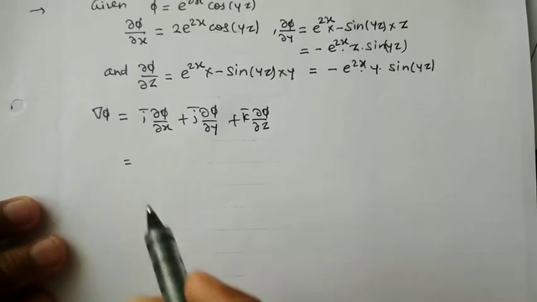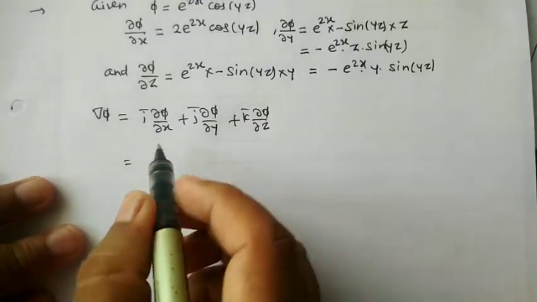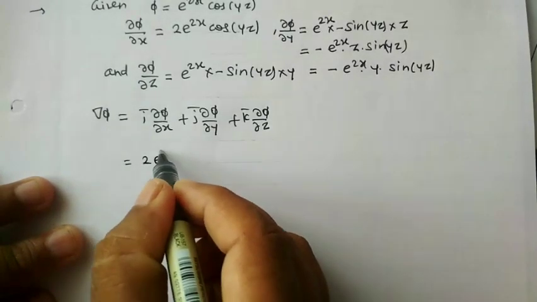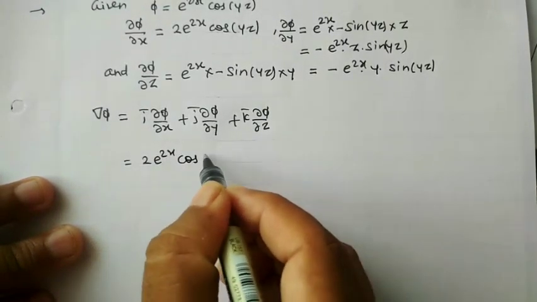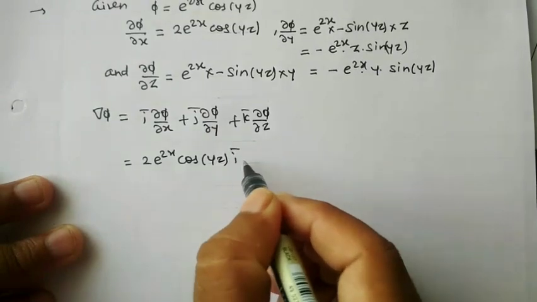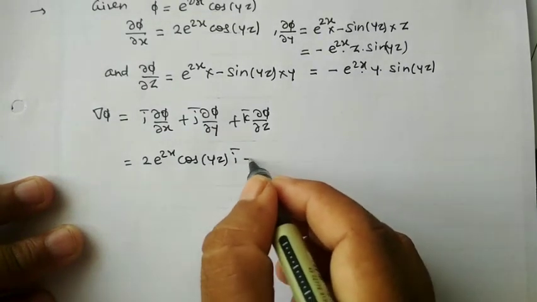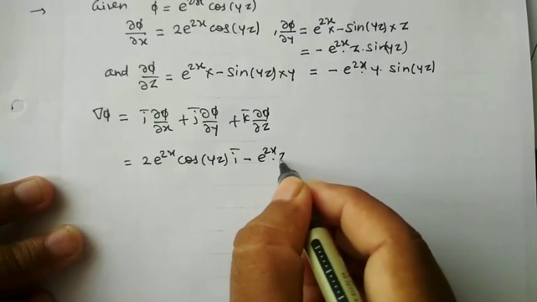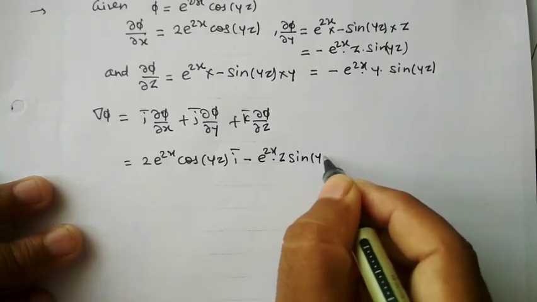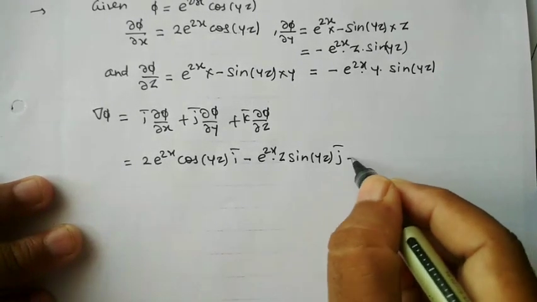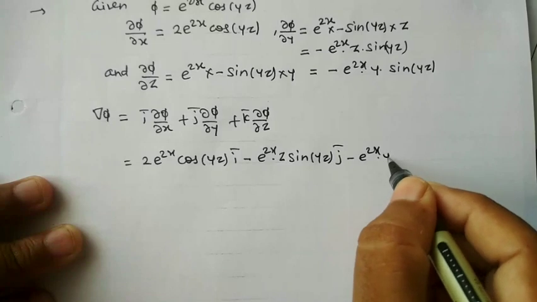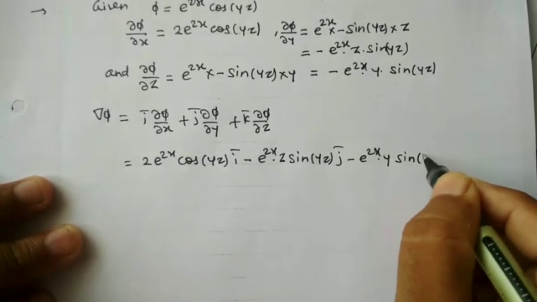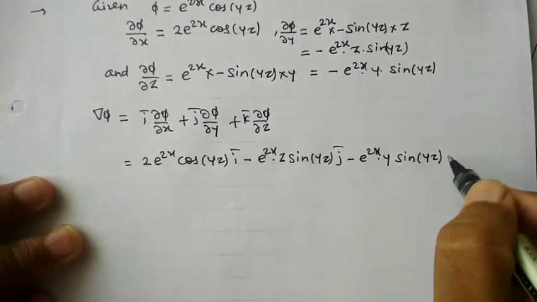So this equals 2 e raised to 2x cos yz i bar, minus e raised to 2x into z sin of yz j bar, minus e raised to 2x into y sin of yz k bar.